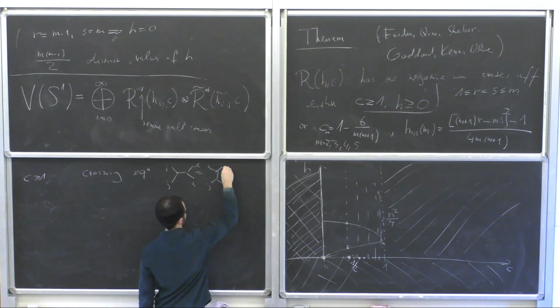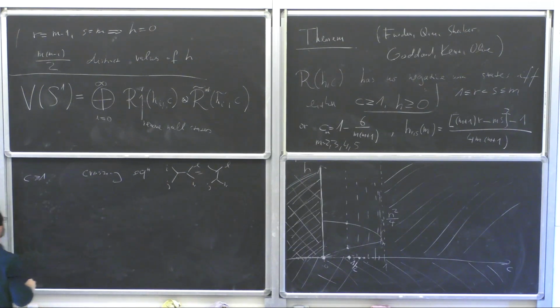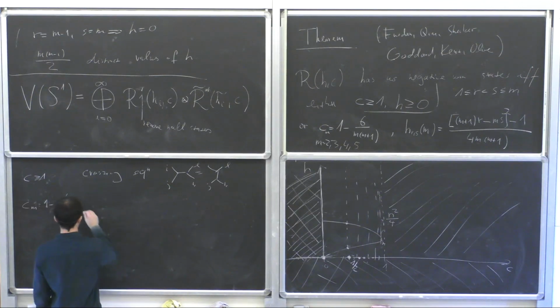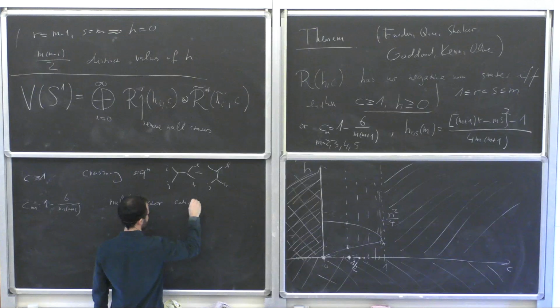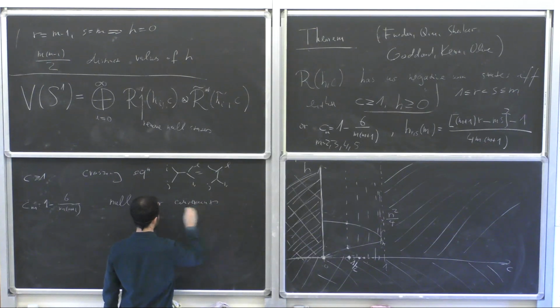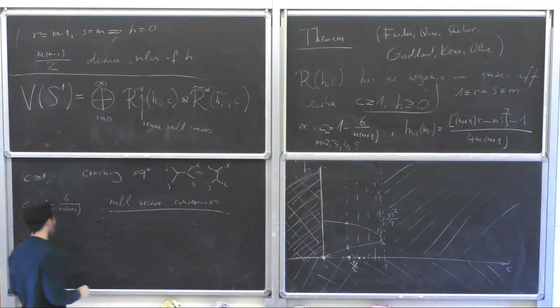For any quadruple of representations. But for C between 0 and 1, well, let's say for C of the minimal models, we also have the constraints from the null vectors. So what is a null vector constraint?